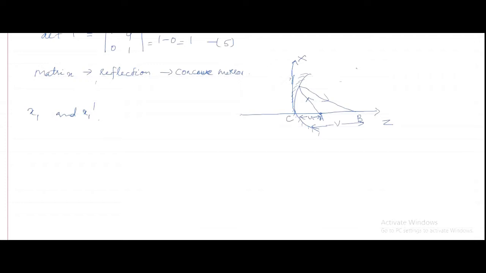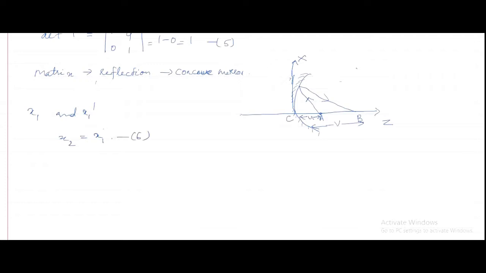And it is clear that the reflection from the mirror only changes the slope of the ray. Its position coordinate remains the same. Hence we can write x2 equals x1.